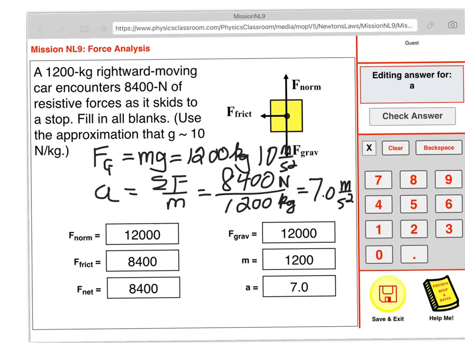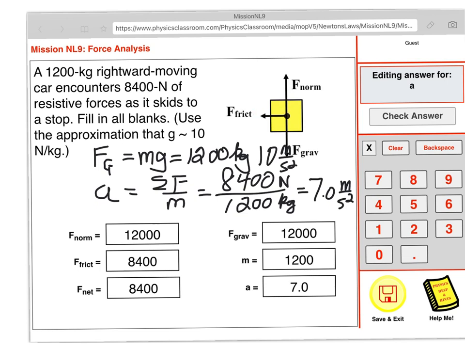Okay, the first thing I did was to calculate F-grav. Notice I call it FG. I wrote the equation. I wrote the numbers with the units. I didn't write the answer, but it's 10 times 1200, which is 12,000. And then I know that F-grav and F-norm are equal.